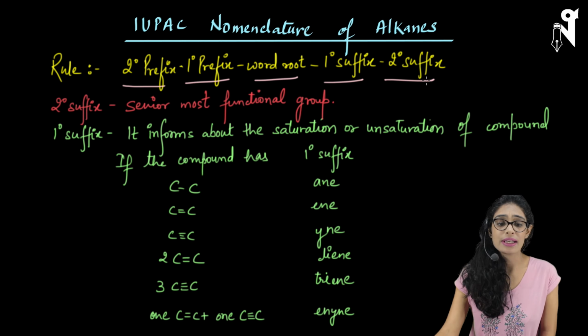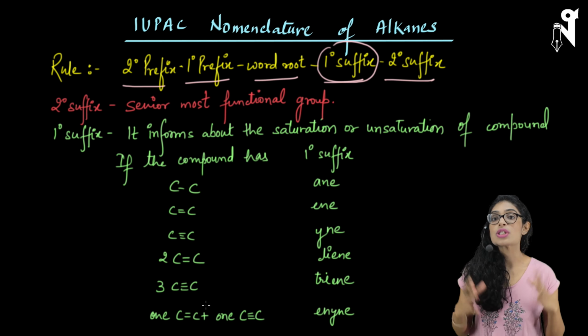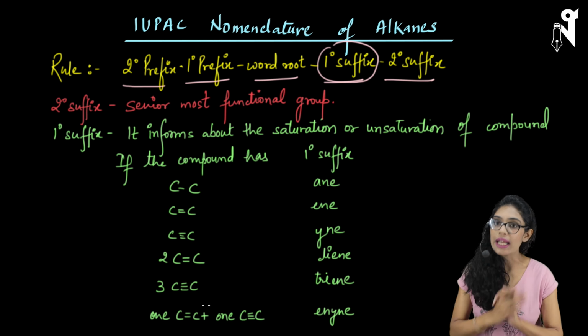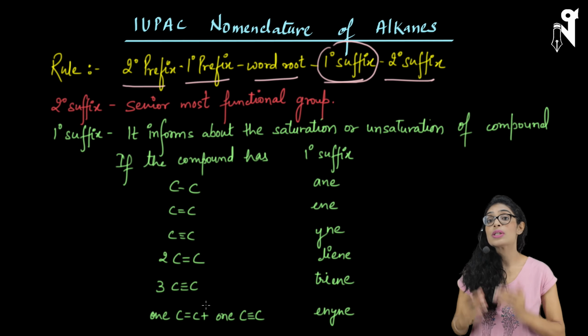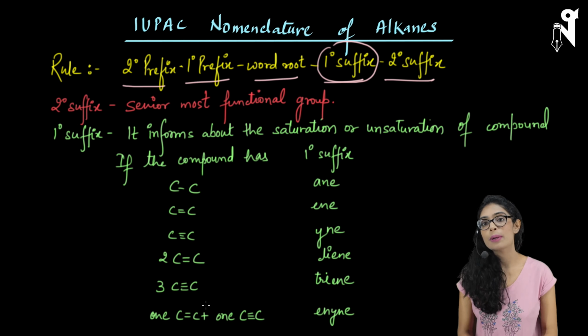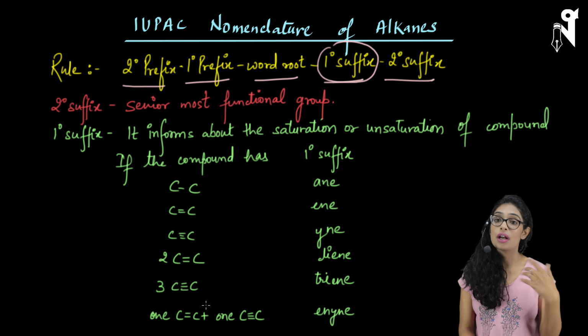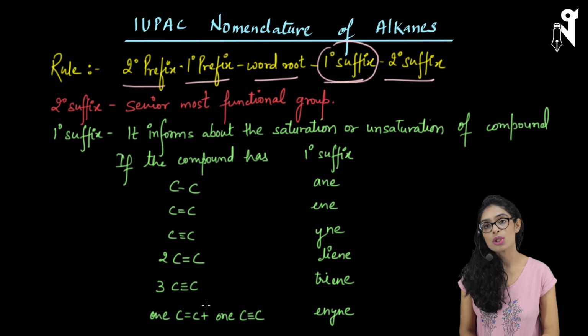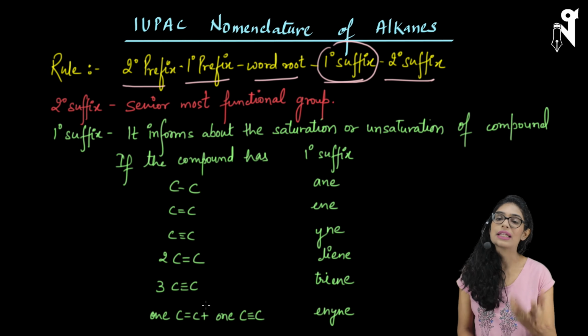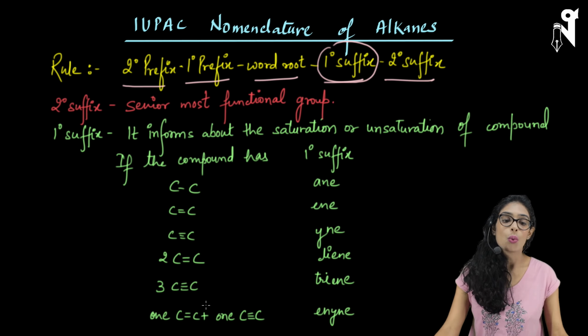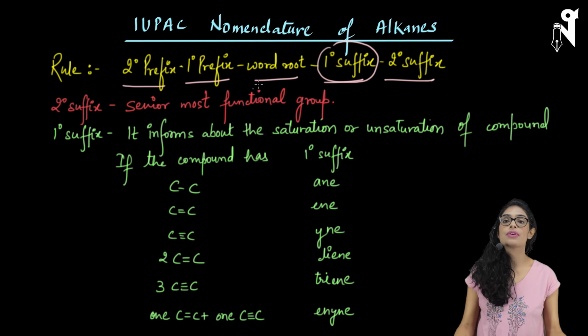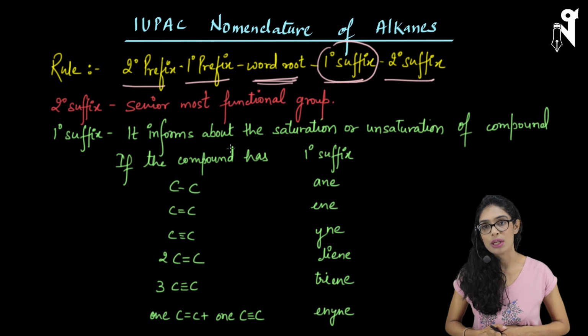For example, the primary suffix is a mandatory part of the name of any compound. Secondary suffix will depend upon whether we have a functional group in our molecule or not, whether different types of groups are attached to the alkane, alkene or alkyne chain. Similarly, word root is a mandatory part of the name, though both the primary prefix and the secondary prefix are not mandatory.